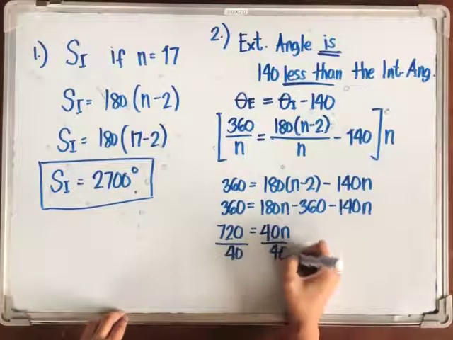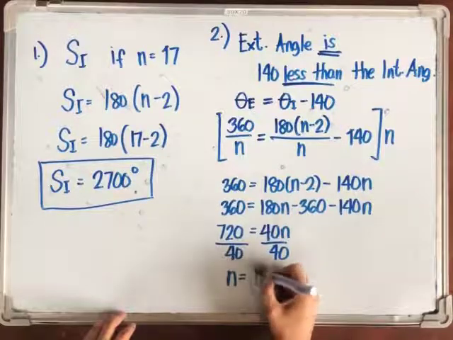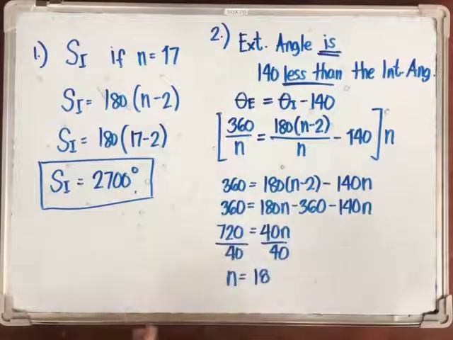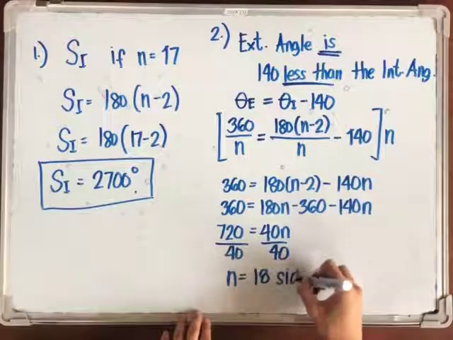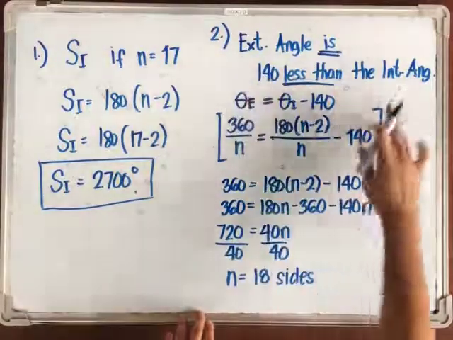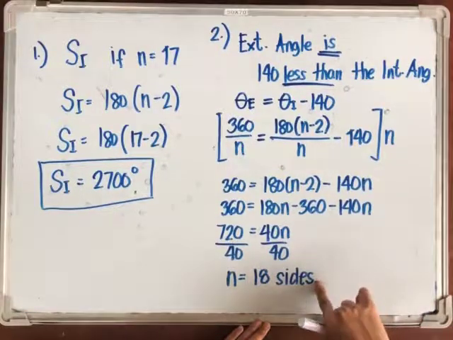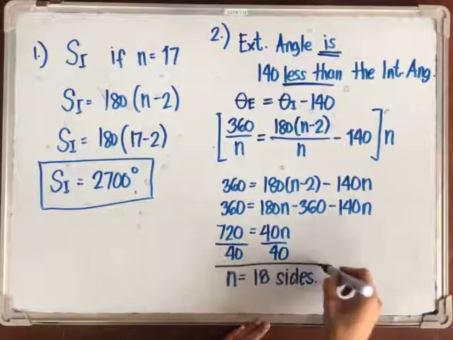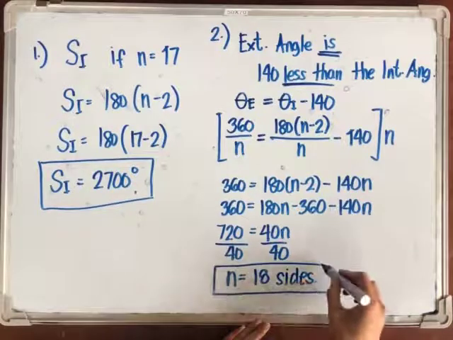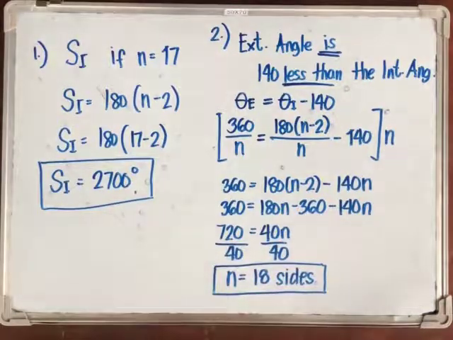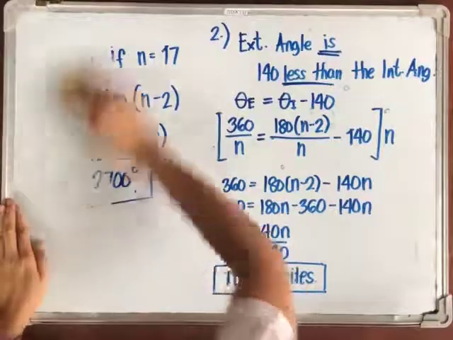And that would give us the total number of sides, which is equal to 18. This polygon daw that will satisfy the given statement there has 18 sides. And this is still a regular polygon na pinag-uusapan natin. Okay. So, that's for the basic examples 1 and 2. And then now let's proceed to number 3. Okay, let's erase first.